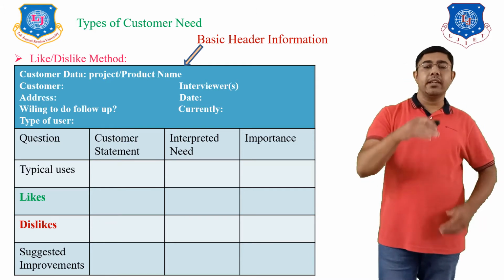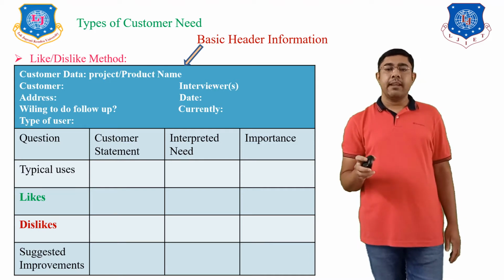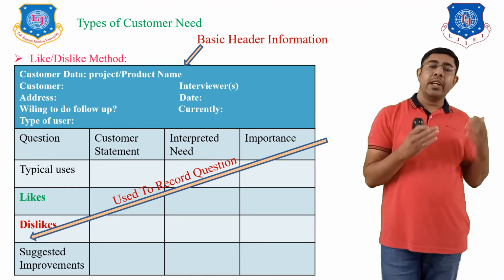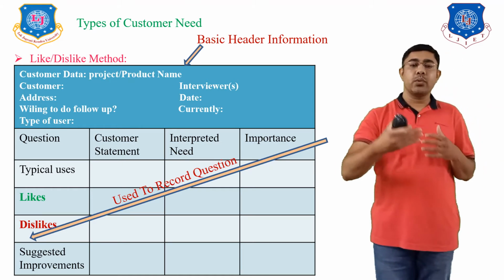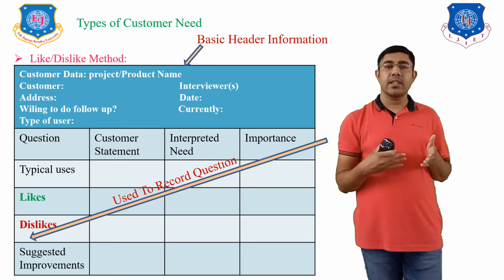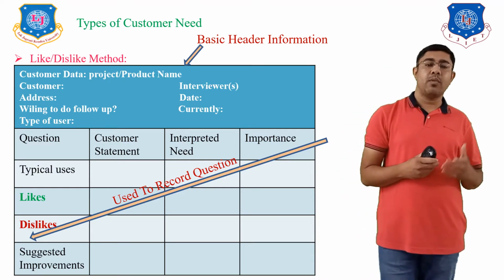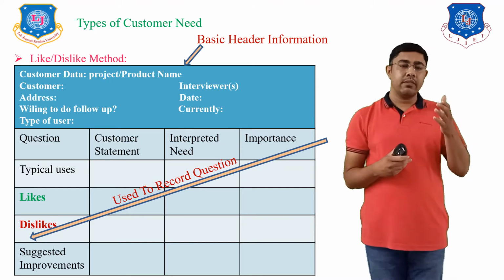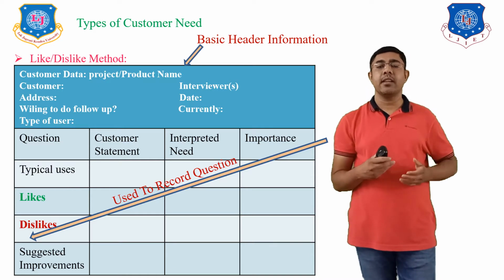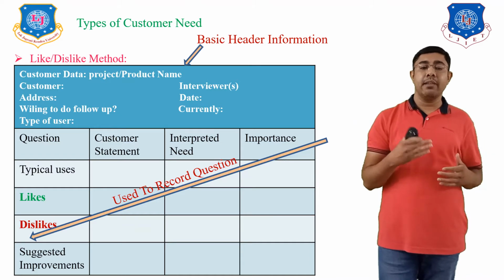If you look at the columns of this form, the first column is used to record the questions. Whenever we conduct the interviews, we have to record the questions, such as typical use, likes, dislikes, and suggested improvements.